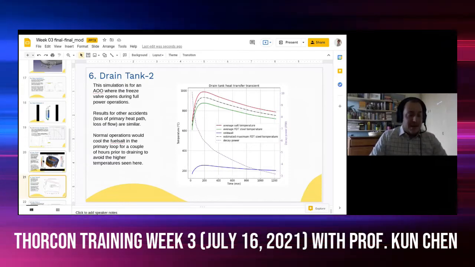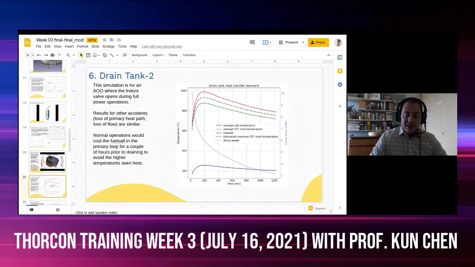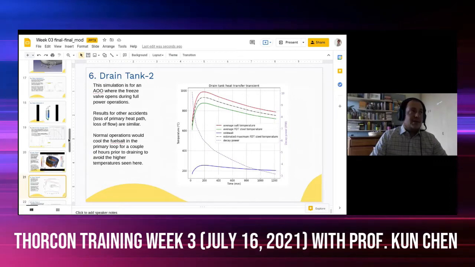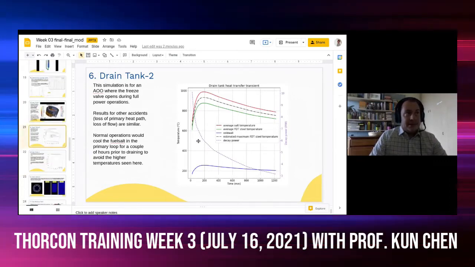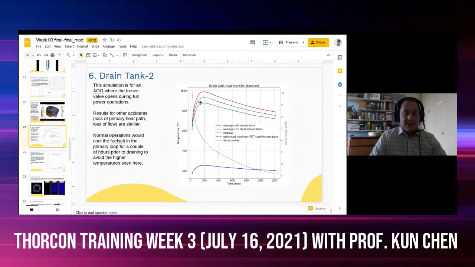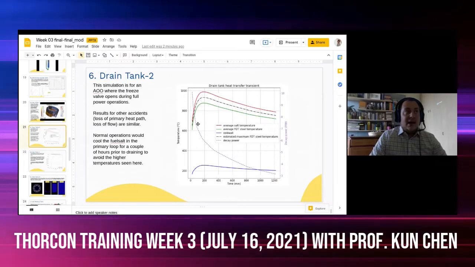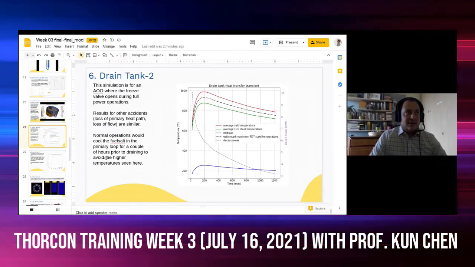The main sizing criterion is now the creep damage of the drain tanks. The stress level is relatively mild, but the temperature follows this behavior, rising at the beginning due to the higher decay heat and then slowly going down as the decay heat decreases.